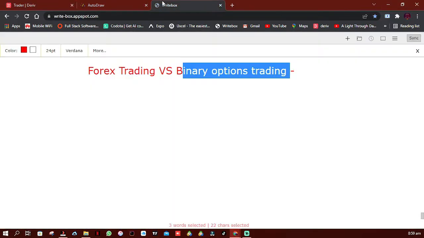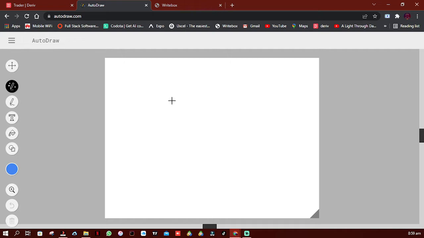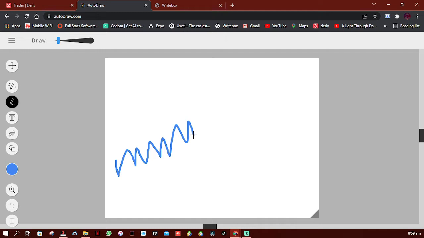So let me just draw something to explain what I mean. So I'm going to draw something like this. Imagine this is a price movement.